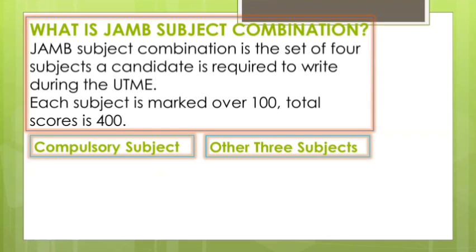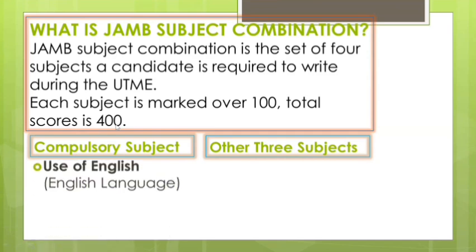JAMB subject combination is the set of four subjects a candidate is required to write during the Unified Tertiary Matriculation Examination. Each subject is marked over 100, so the total score for each candidate sitting for the exam is 400.